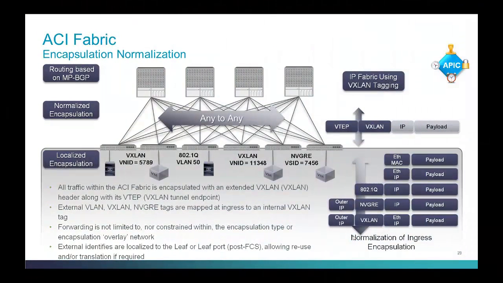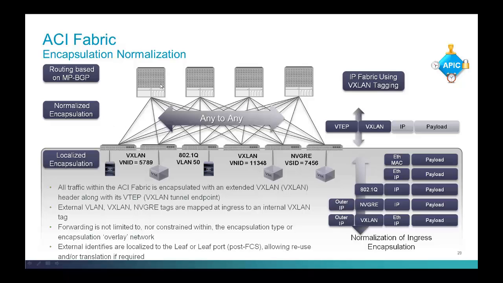So now I'm on part 2 of this video, which is actually going to discuss the actual ACI fabric. So all routing between the leaves and the spines is based upon layer 3, and it's IP using VXLAN tagging actually.